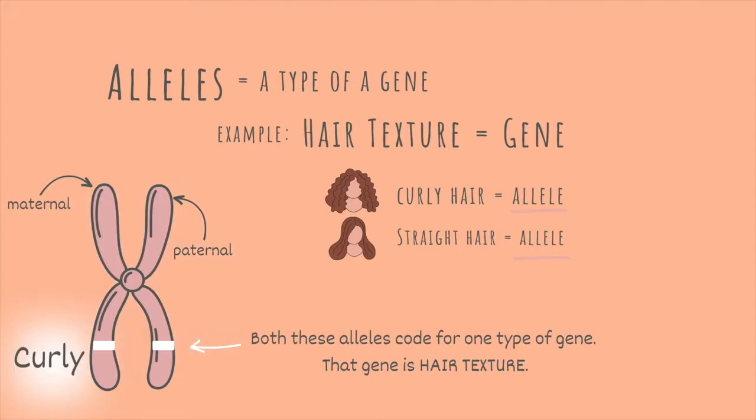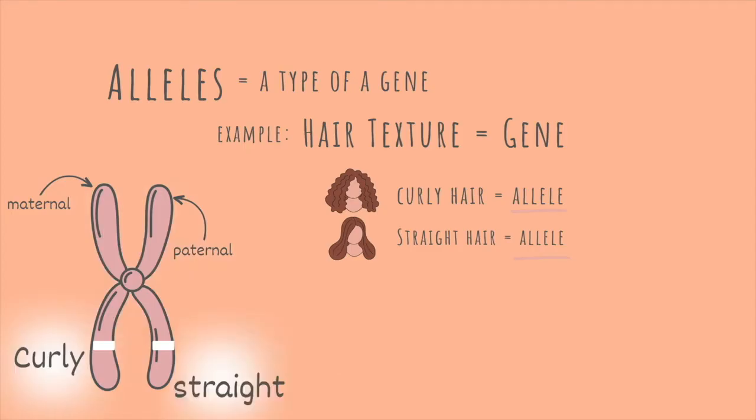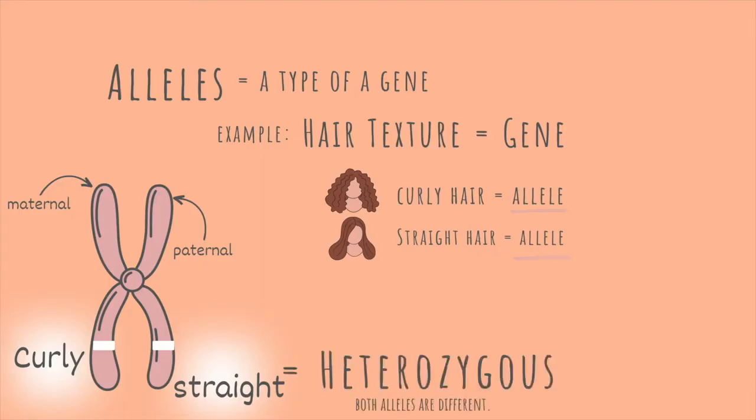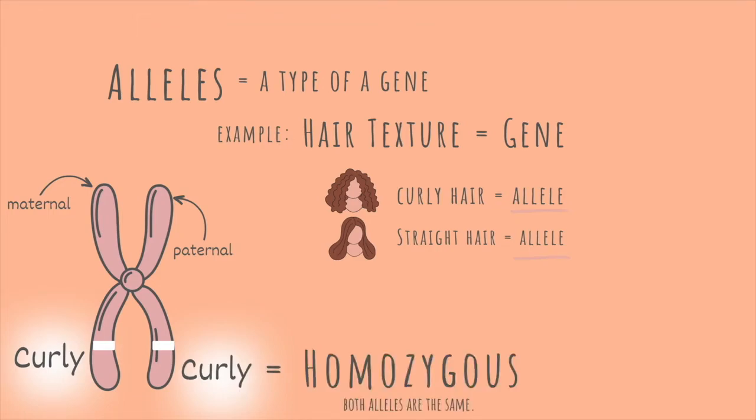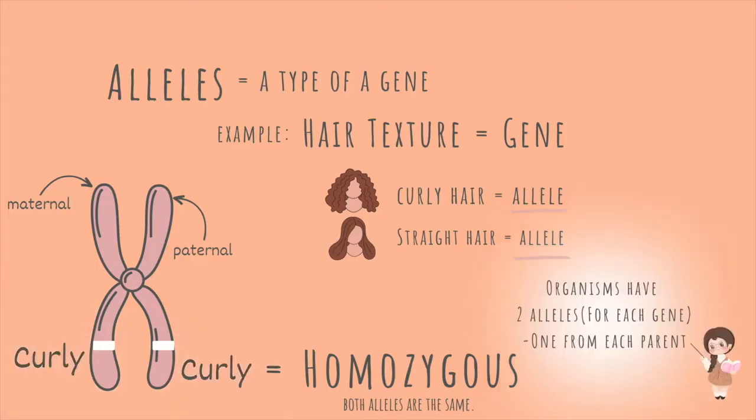This one codes for curly hair, and this one codes for straight hair. When we have two different alleles, this is called heterozygous. If both of these alleles coded for the same allele, in this case curly hair, then it would be called homozygous. Remember, organisms have two alleles for each gene, one from each parent as seen here in this example.